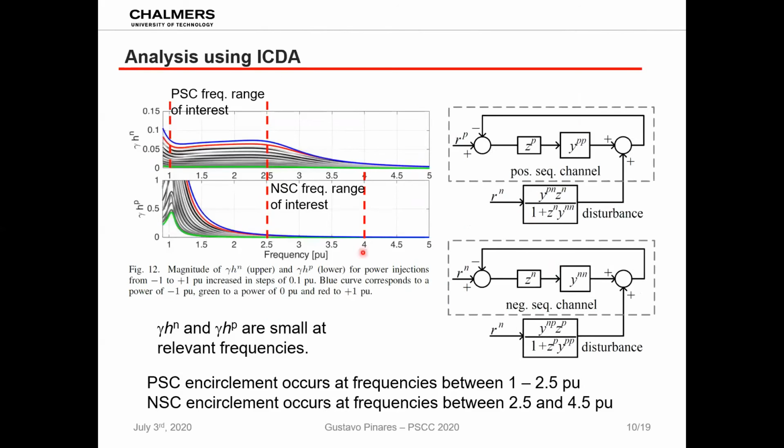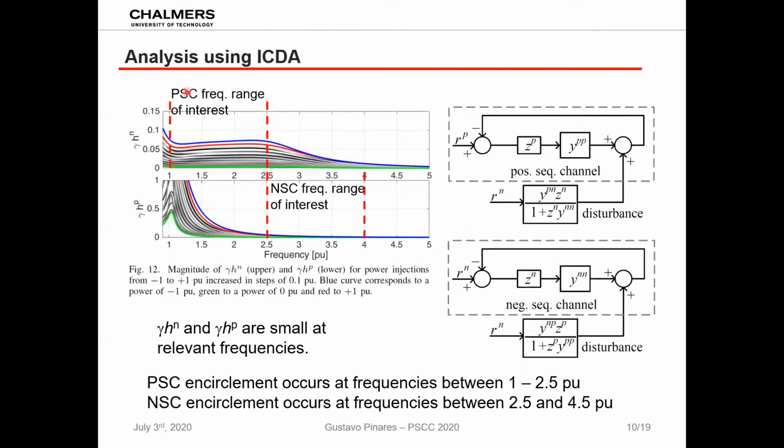So we wanted to see if we can further simplify the channels by neglecting the coupling terms. And we have plotted these terms, gamma HN and gamma HP.